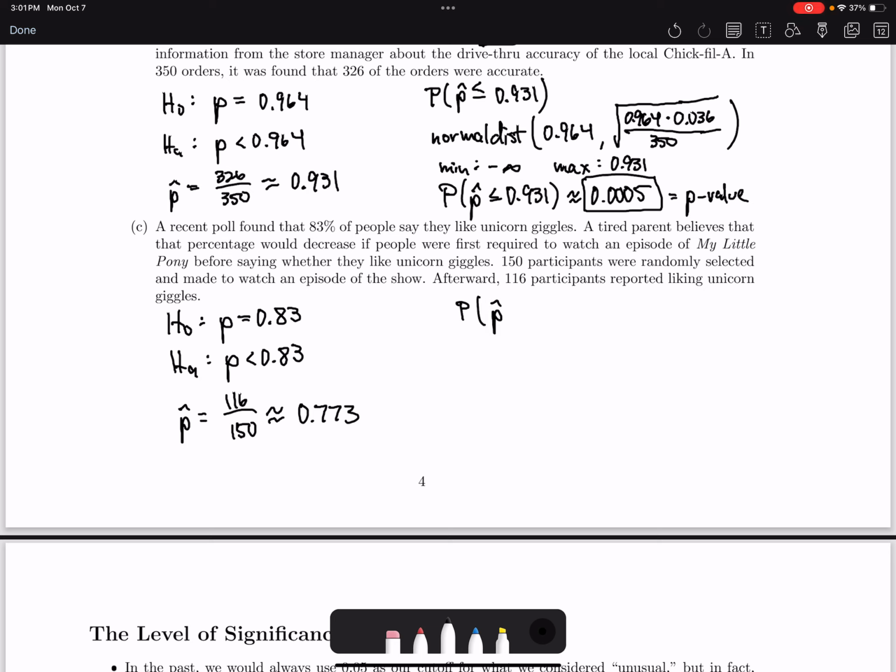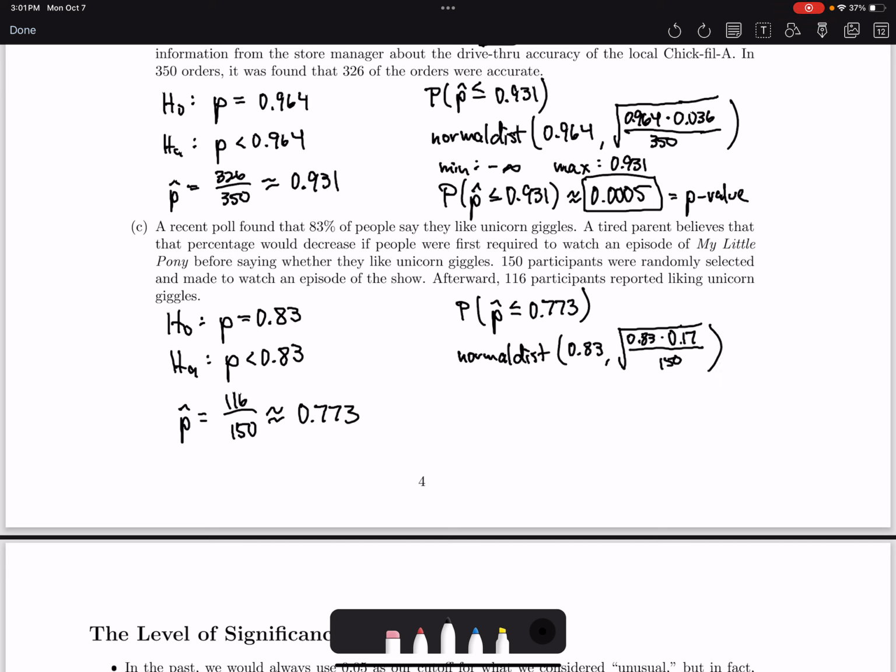We want to compute the probability that our sample proportion would only be 77.3%. Okay, so this is what we're looking for. We're going to use the normal distribution because p hat is normally distributed. We're assuming that the null hypothesis is true until we have evidence to suggest otherwise. So we'll use a mean of 83%, and a standard deviation of the square root of 0.83 times 0.17 divided by 150.